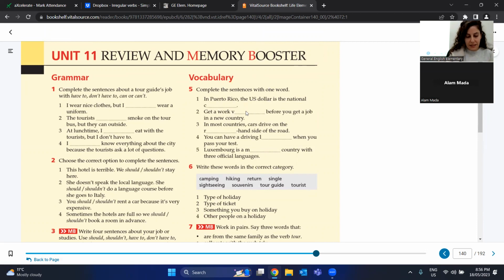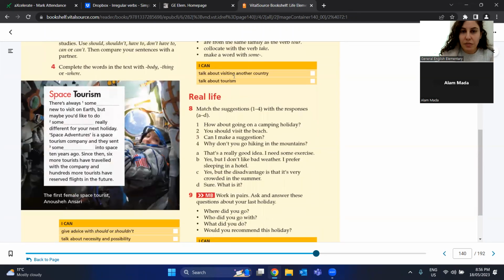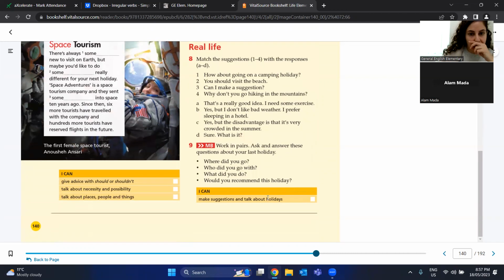You just have to look at the vocab for unit 11. But I want to make sure, when we visit another country, we talk about visa. We talked about souvenirs. We talked about tourists, tour guides, sightseeing. So being able to talk about other countries and tourism.